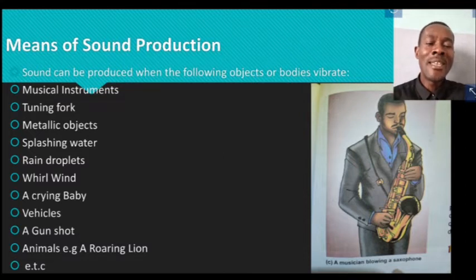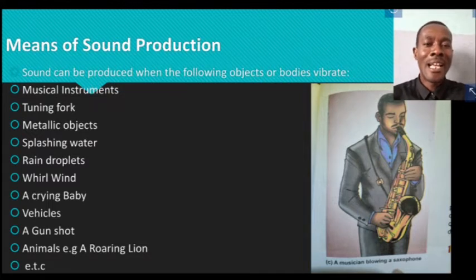That is also applicable to every musical instrument. Whatever it might be, for there to be sound, there must be a vibration of a part of it or the entire of it. So musical instruments can be used to produce sound.